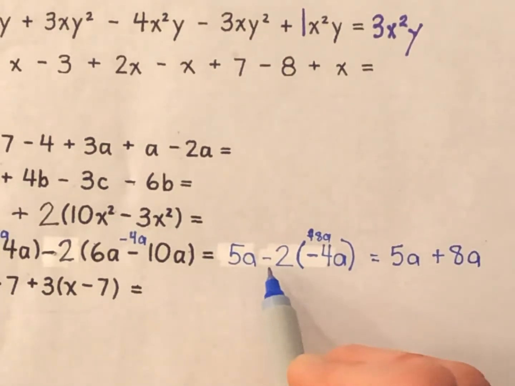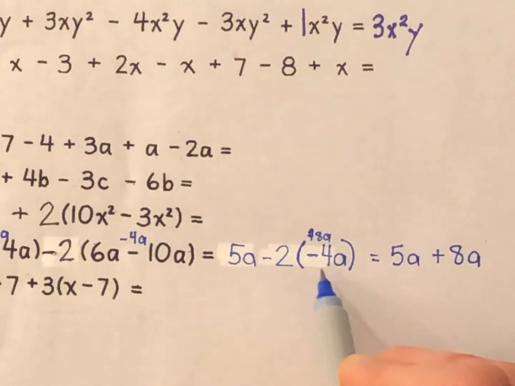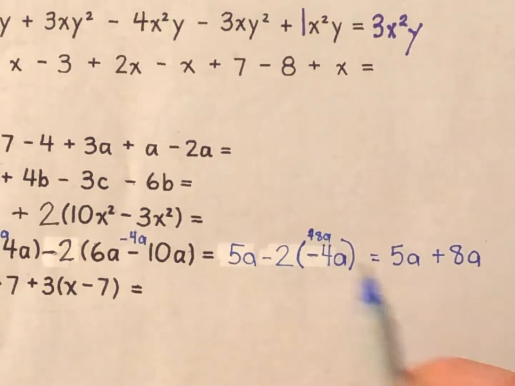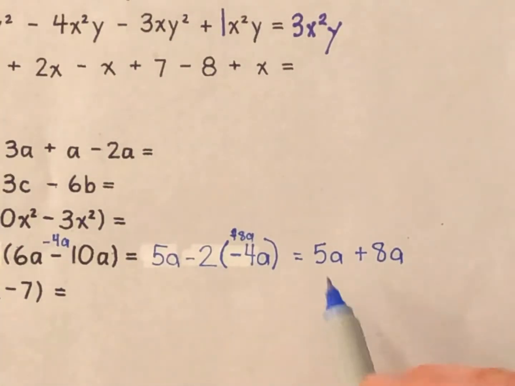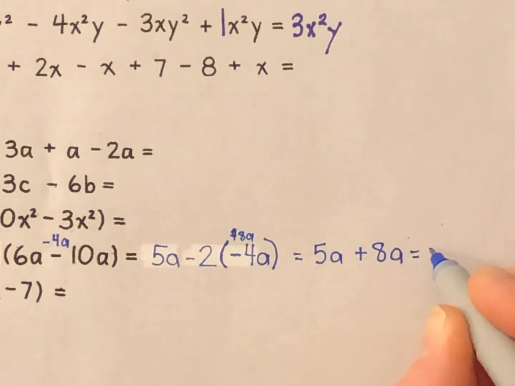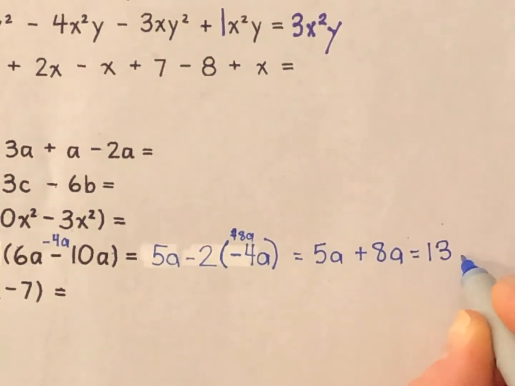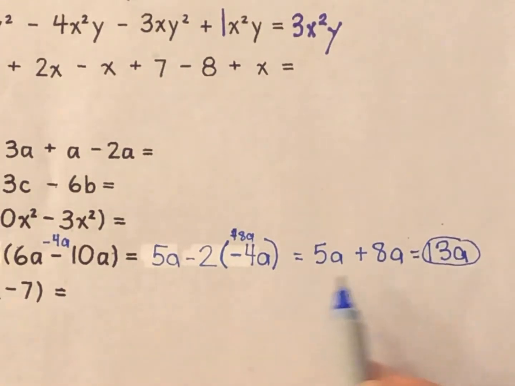Did I say that negative 2 times negative 4a is positive 8a? So now I have 5a plus 8a. So, combine like terms, 5a plus 8a equals 13a. So in simplified form, number 12 is 13a.